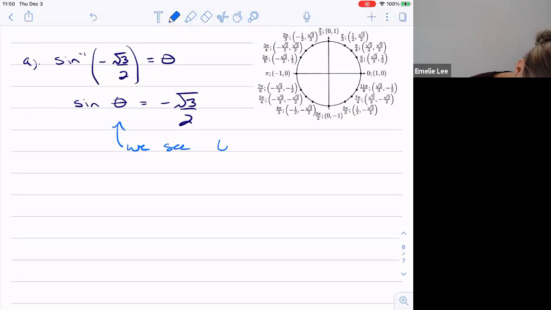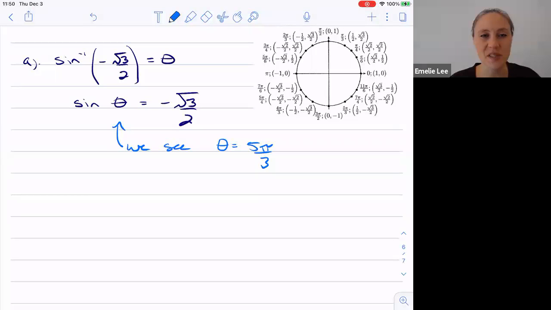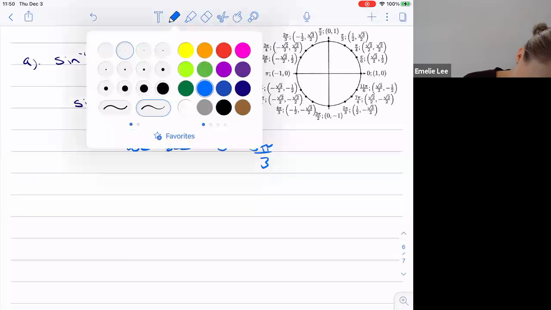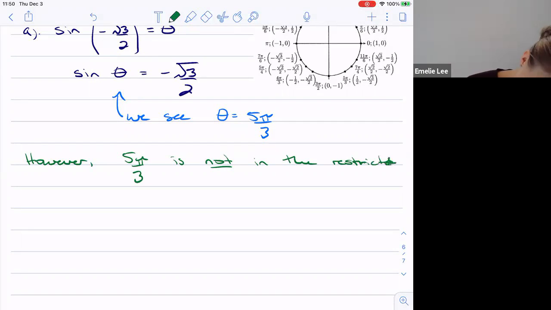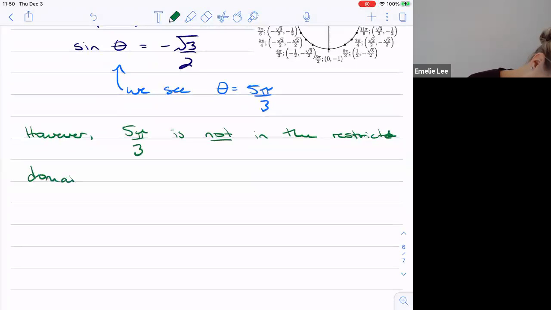We see theta equals 5π/3. However, 5π/3 is not in the restricted domain of -π/2 to π/2.